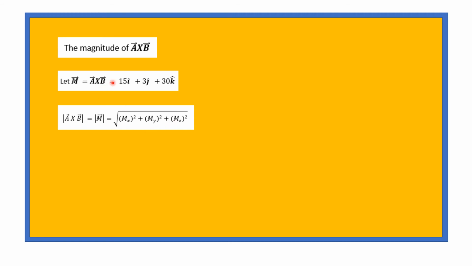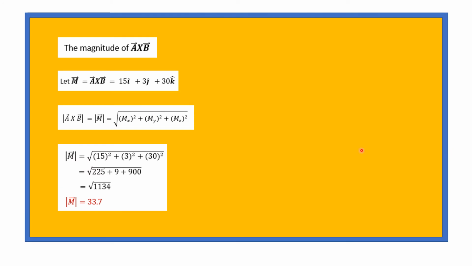So just square the three of them: 15 squared plus 3 squared plus 30 squared, and then get the square root. Adding them, we have the square root of 1134, which is equal to 33.7. That's the magnitude of A cross B.